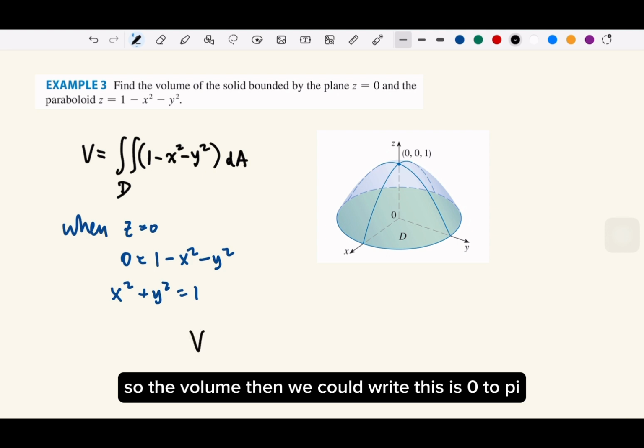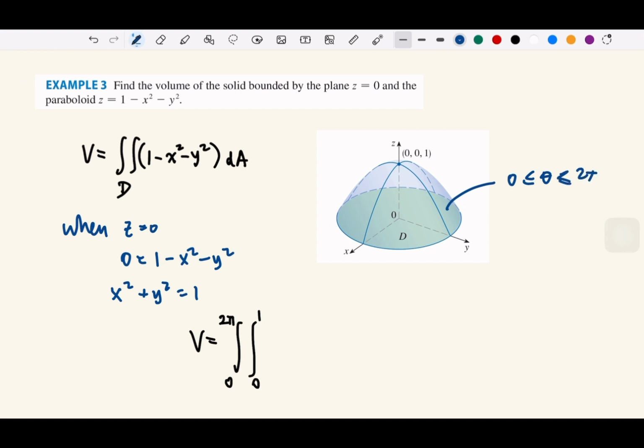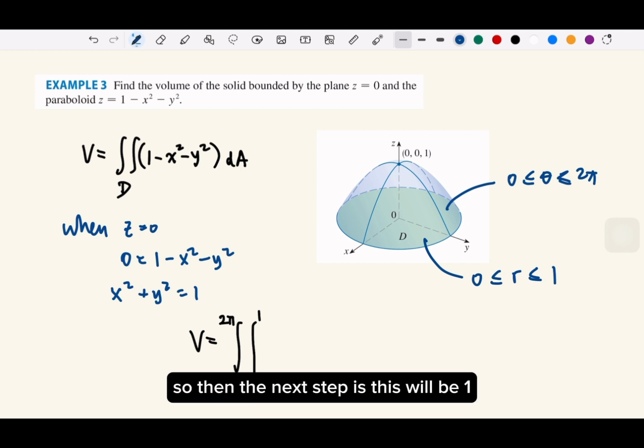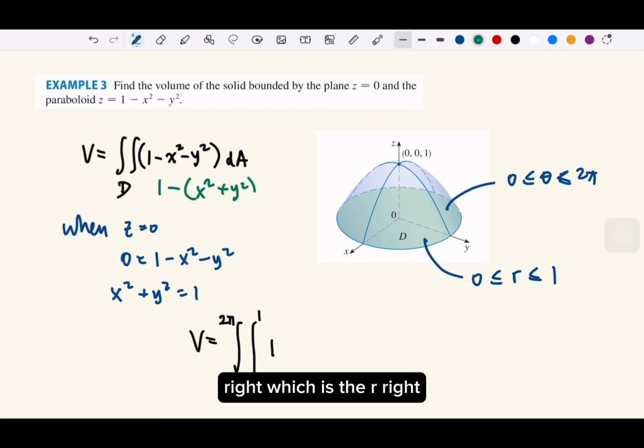So the volume is the integral of theta from 0 to 2 pi, and r from 0 to 1. The next step is to write 1 minus x squared plus y squared, which is r squared, so we write 1 minus r squared.